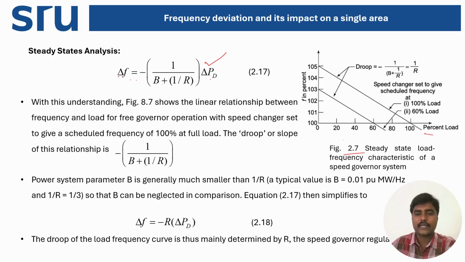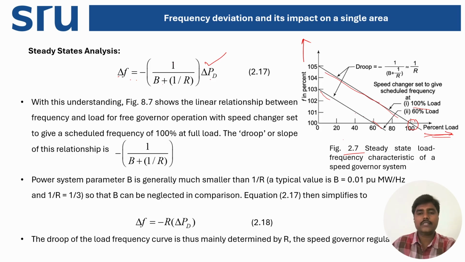Take the percentage load on the x-axis and the percentage frequency on the y-axis. When you keep on increasing the load, by natural tendency the speed of the machine will come down, then the frequency also will come down like this. Similarly, at some other speed changer setting, say with 100% load, as long as the speed is decreasing due to the increment of load, the frequency is falling down.